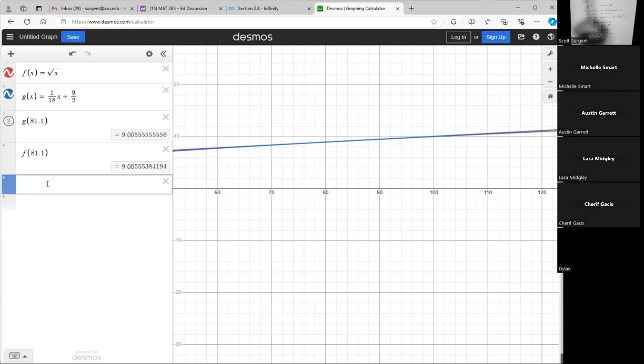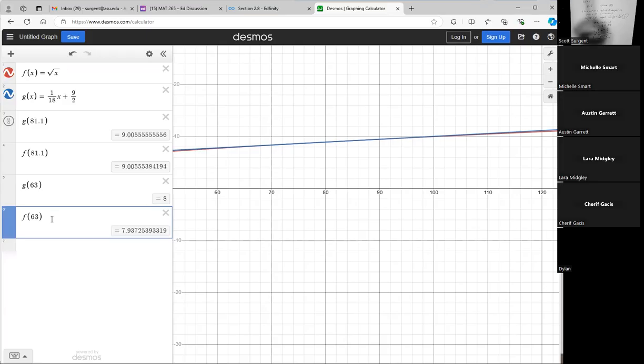For example, an estimate of the square root of 63 using the tangent line just gives me 8. The actual value of the square root of 63 would be 7.937. Okay, that's still pretty good. It's off by 0.063. Not too shabby.